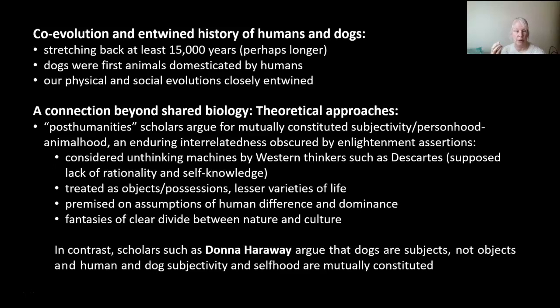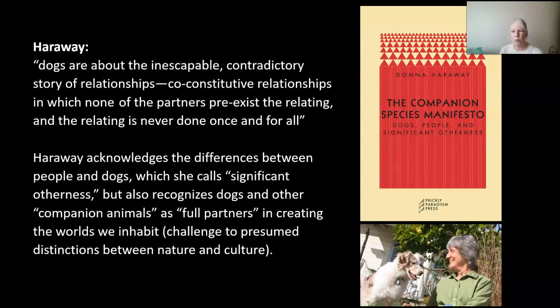Haraway has written about a bunch of different kinds of animals and animal-human relationships, but has particularly focused on dogs. She's a prolific author and wrote, among many other things, a book called The Companion Species Manifesto, which is really about dogs as what she calls significant others to humans. This is actually a picture of her on the bottom with her dog, who she writes about a lot in this book and some of her other publications.